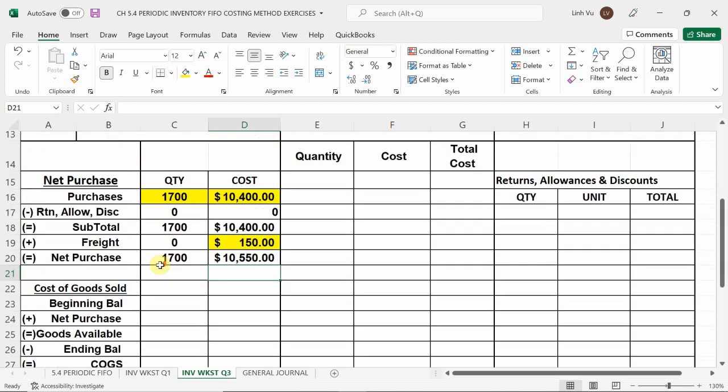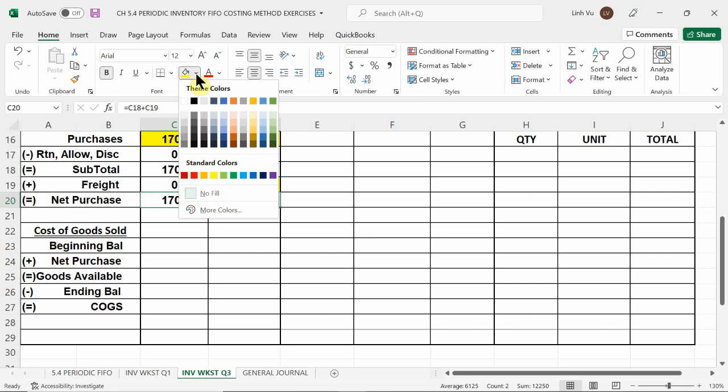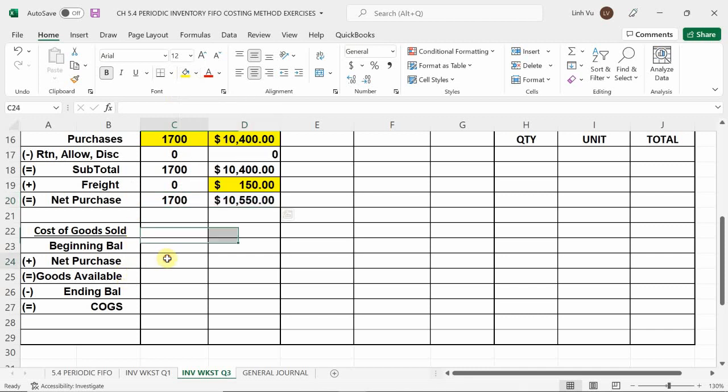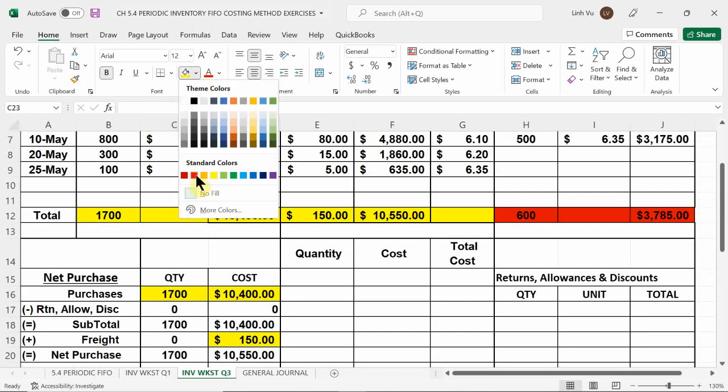So then, let's see what happened next. Next asks for beginning inventory. So I think I made this green. Okay, so let's do beginning inventory. What was my beginning inventory? 600. The 600.